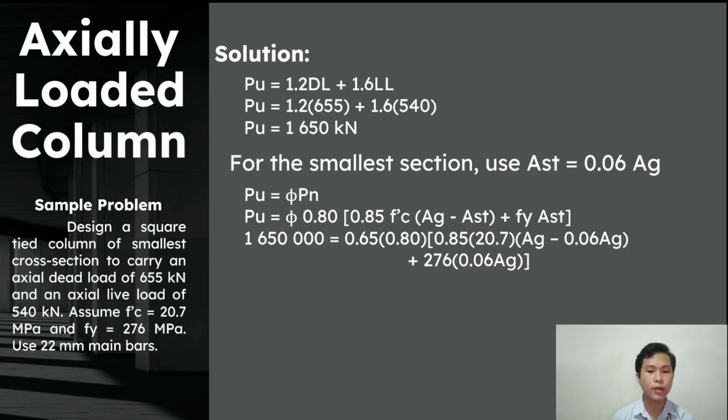1,650,000 for our Pu, and it is equal to 0.65, the reduction factor, times 0.8 times 0.85 times 20.7, our f'c, times Ag minus our Ast, which is also equal to 0.06 Ag, plus 276 times our Ast, which is also 0.06 Ag.